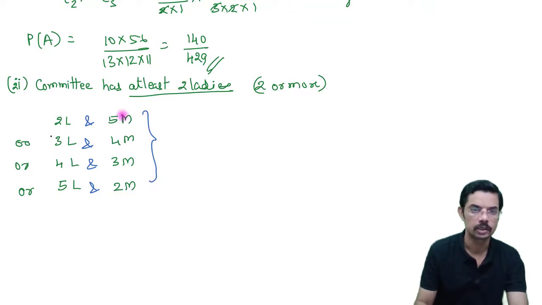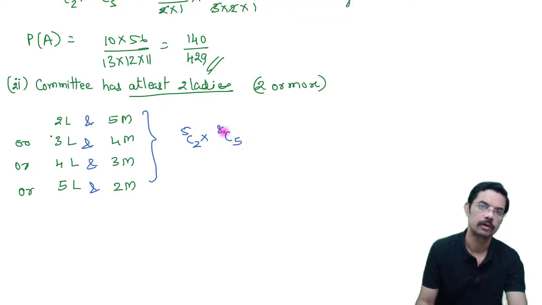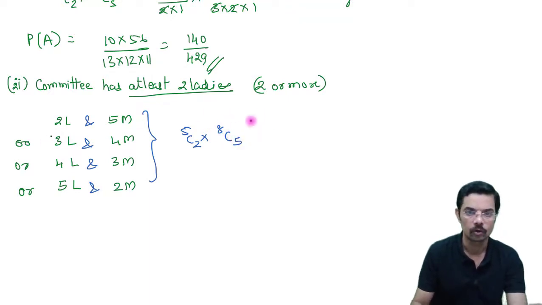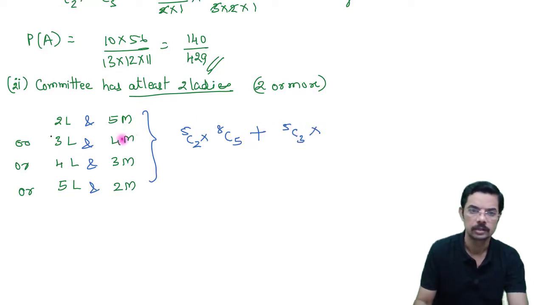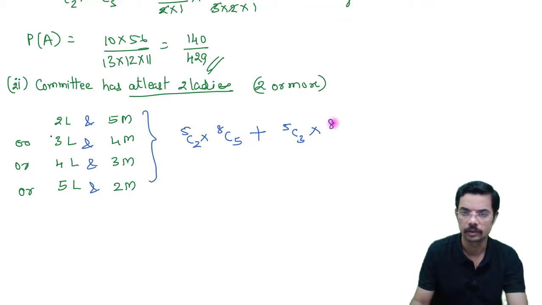Okay. So 2 ladies and 5 men. We have just done here. So 2 ladies out of 5 ladies, so it is 5C2 into, and means multiplication, 5 men out of 8. Or, 3 ladies out of 5 and 4 men out of 8.